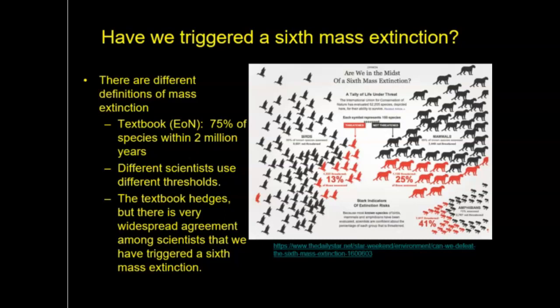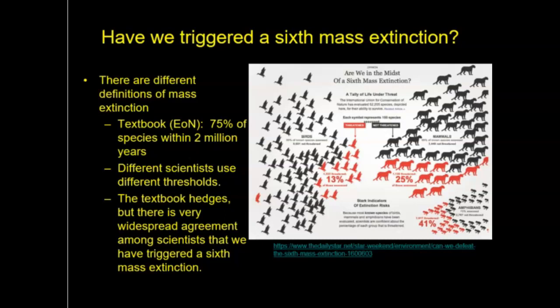So this begs the question, have we triggered a 6th mass extinction? Now, it's important to realize that there are different definitions of what qualifies as a mass extinction event. Our textbook says that a mass extinction event means that you've lost 75% of species within 2 million years.